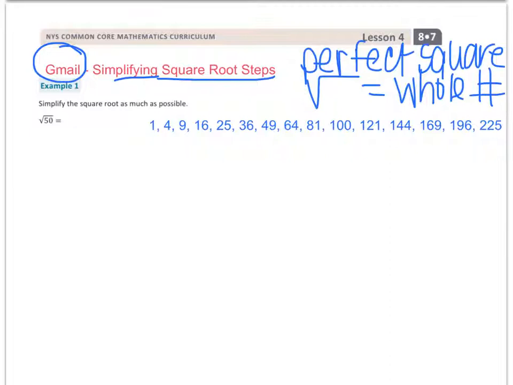So any of these numbers listed below in blue, these are all perfect squares. Think about it. I gave you a quiz last week where you had to find the square root of each one of these numbers. So I would say 50 lies between 49 and 64.